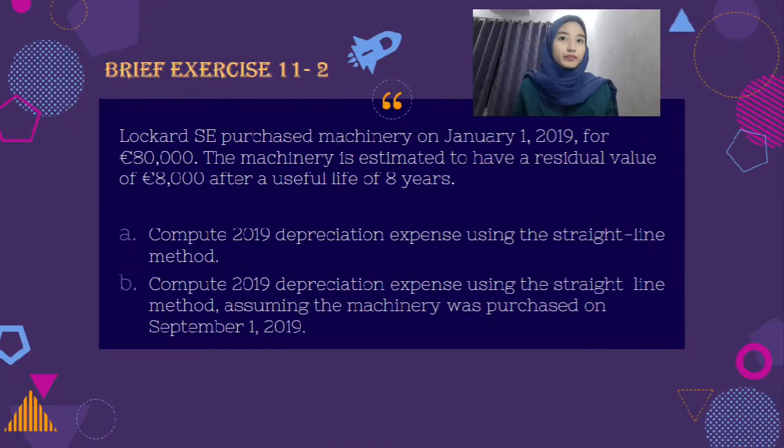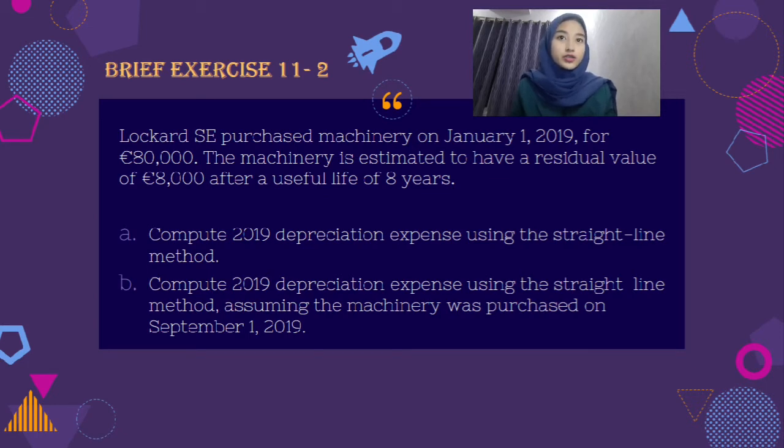I will answer about the brief exercise 11.2. The question is Lockhart SE purchased machinery on 1 January 2019 for $80,000, and then the machinery is estimated to have a residual value of $8,000 after a useful life of 8 years.